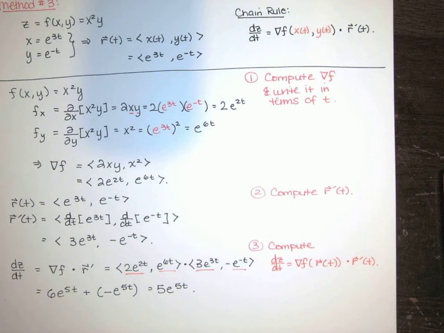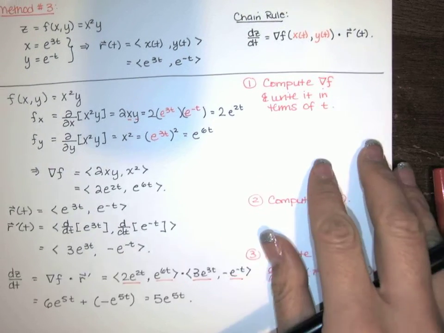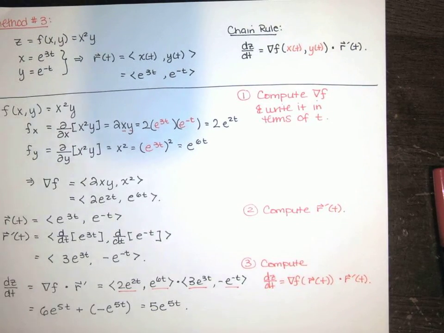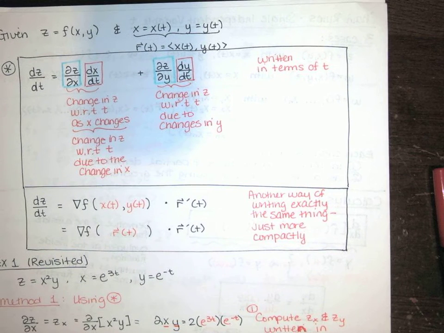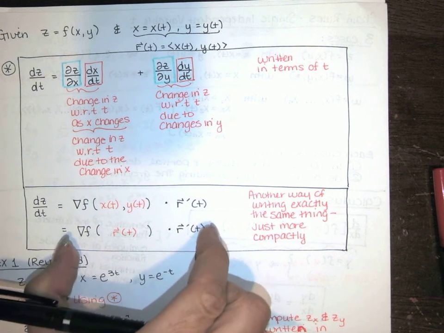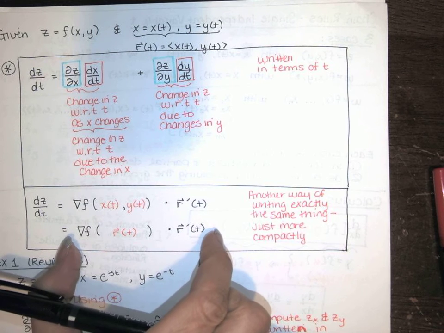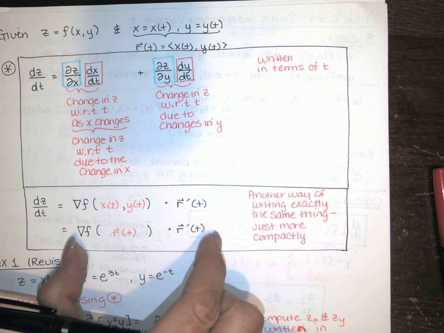So whichever method you want is fine. But I want you to know that these are just two different ways of saying exactly the same thing. This is reminiscent of our calculus 1 chain rule.